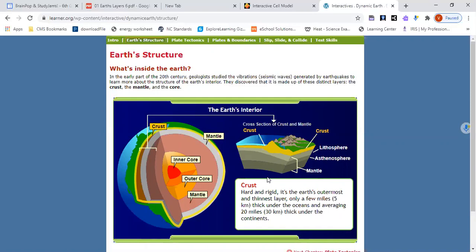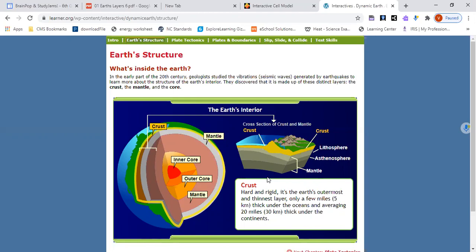It says crust, hard and rich. It's the earth's outermost and the thinnest layer, only a few miles, which is 5 kilometers thick under the ocean and averaging about 20 miles thick under the continents. So again, crust is the area where we stand, where we park our cars, where we water our lawns.